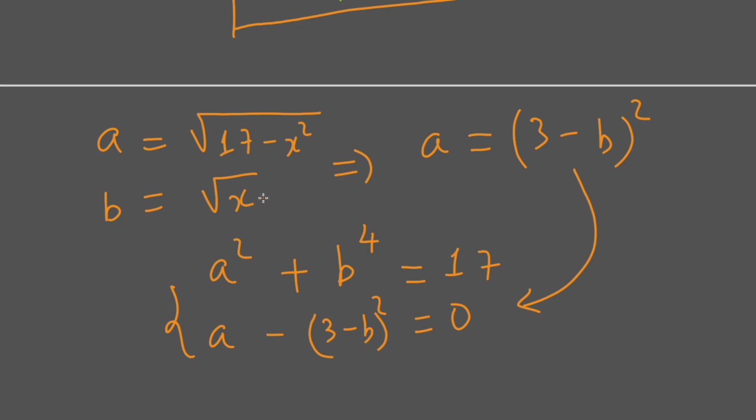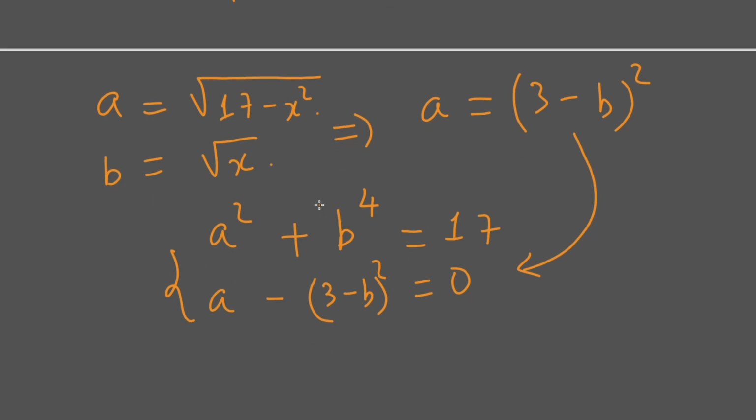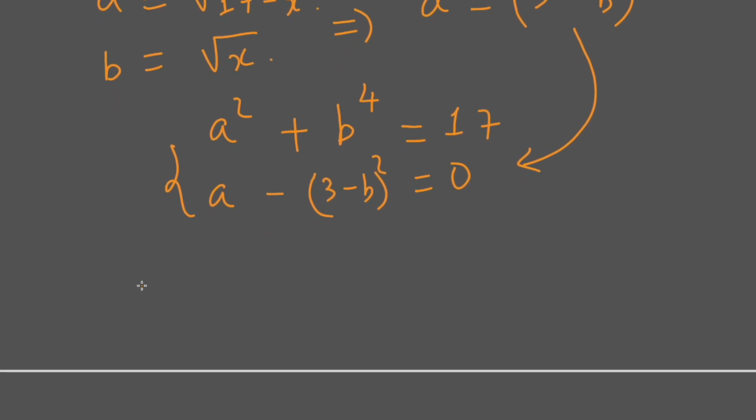You see the relation between the x and the x squared here. So to put the substitution, you can put a equal to 3 minus the square root of x.